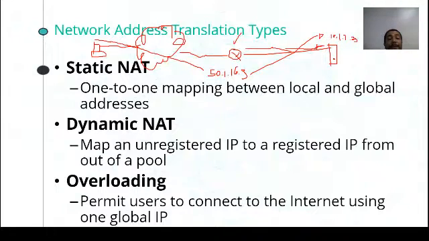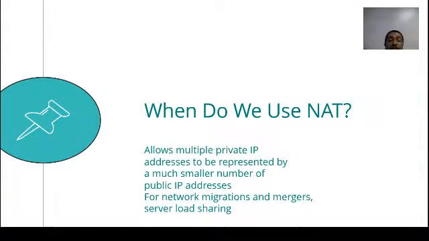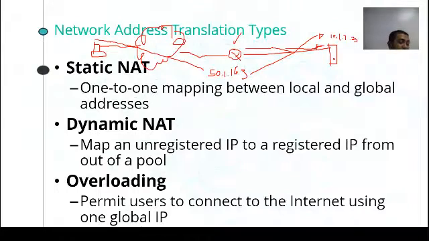And you don't really have to perform any changes sa ating server. Yung NAT natin na to is totally transparent doon sa ating mga servers. Okay? That's one of the advantages that we have of using a static NAT.